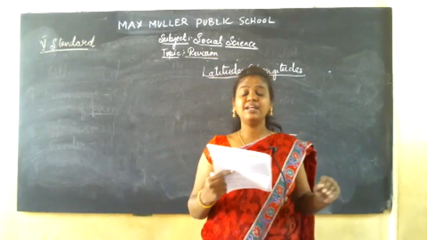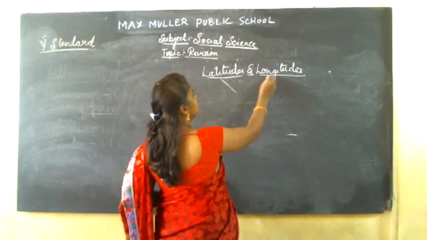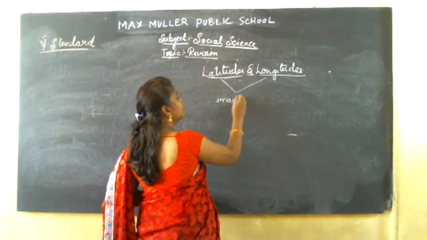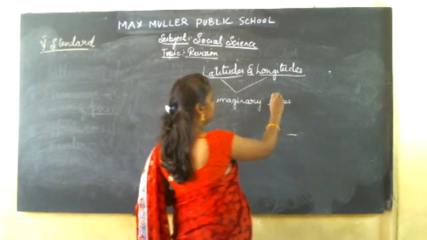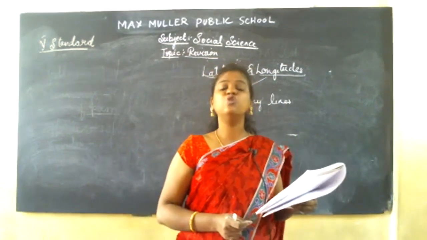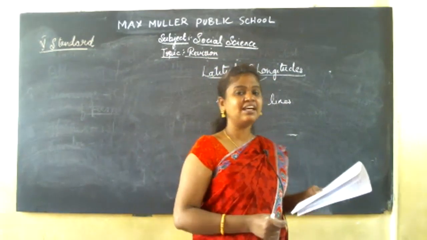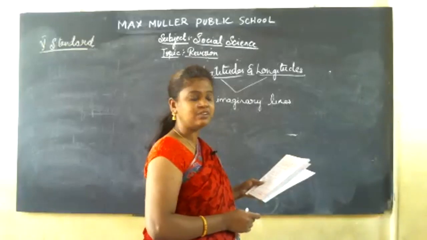The latitudes and longitudes are imaginary lines. These two are imaginary lines drawn on the globe and maps to locate the places easily. So what will be the answer? What are longitudes and latitudes?